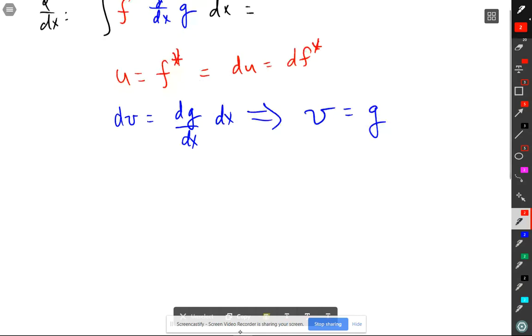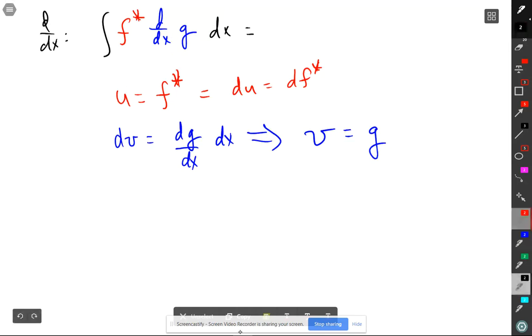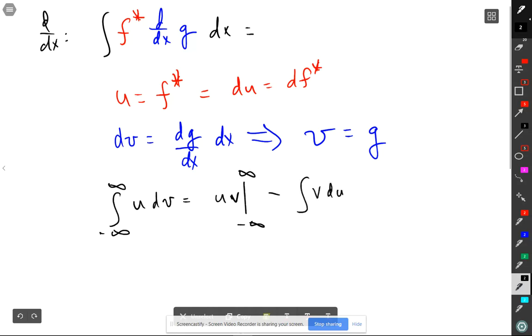And so if I do my integration by parts, this is going to be equal to that, right?